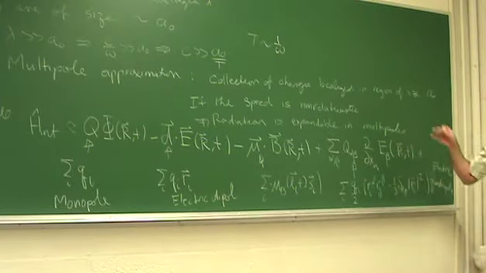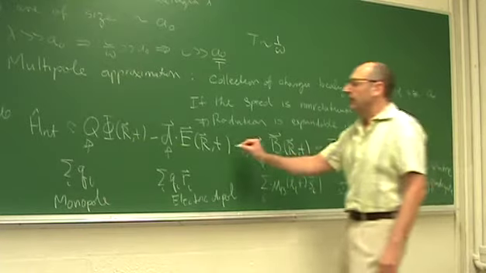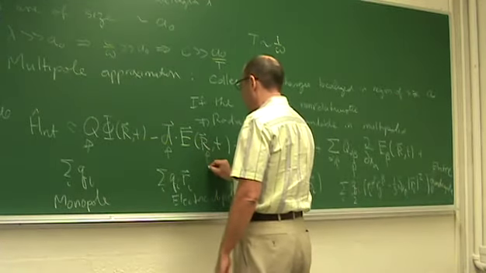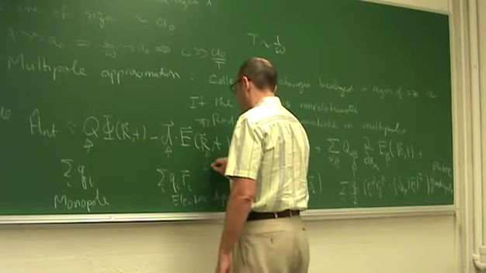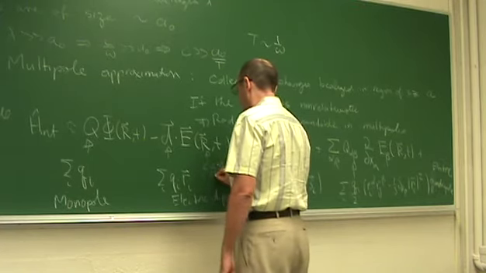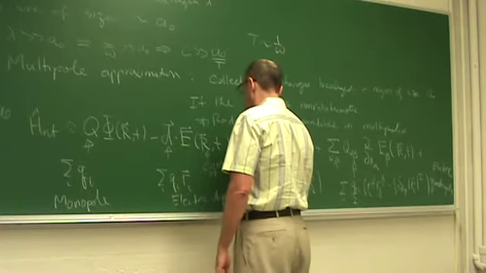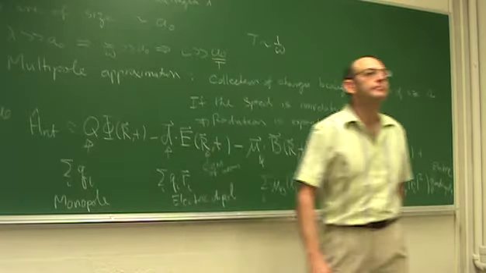Alpha and beta run from 1 to 3, representing the x, y, and z coordinates of the positions of the charges. All right. And R here is the origin, which is taken to be the position of the nucleus, or the center of mass of the atom, as my origin.